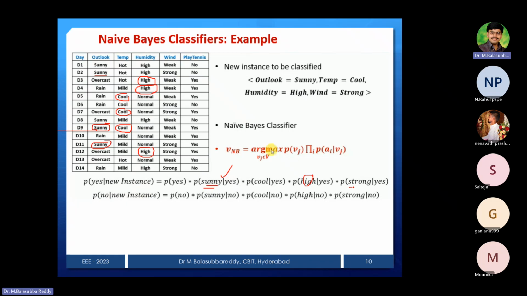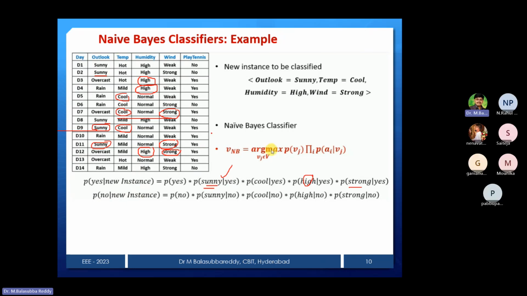And the other one, strong. Wind is strong. And no, weak yes, strong no, strong yes. He played strong yes, strong yes. That's all. So now simply we can substitute that probability value and multiply, and we'll get the first case output.